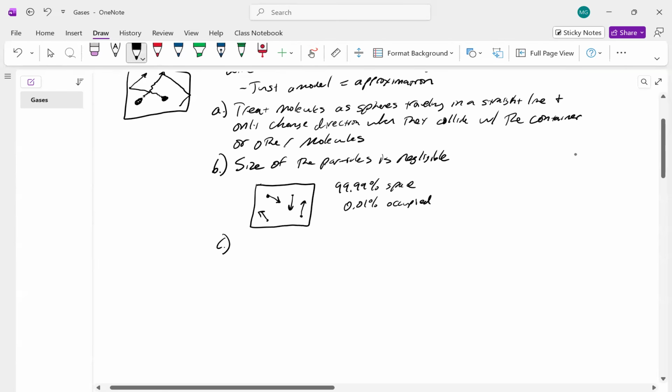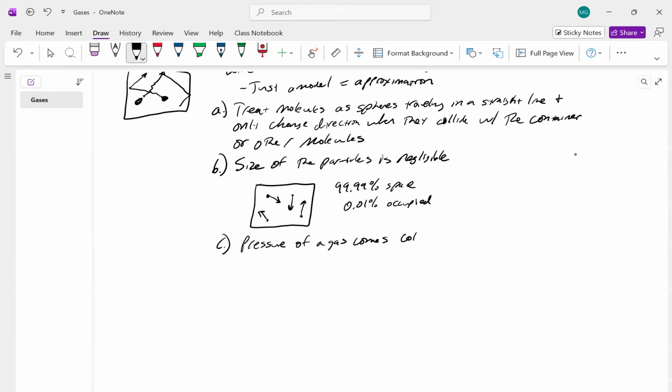Now, another property of gases known as pressure comes about from collisions with the walls of their container. In fact, that's the principle of blowing up a balloon.